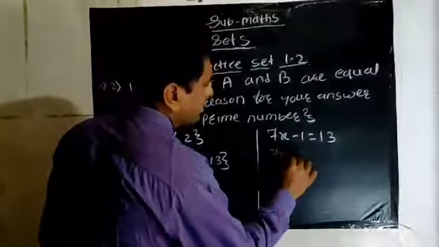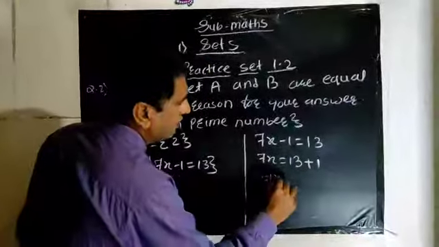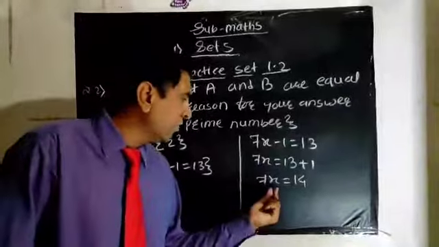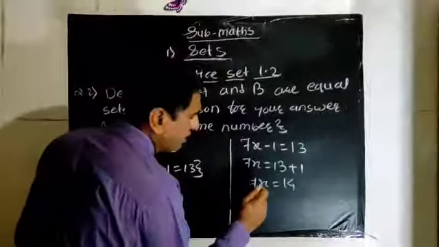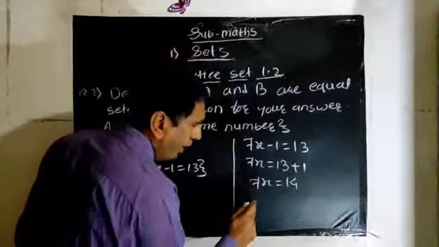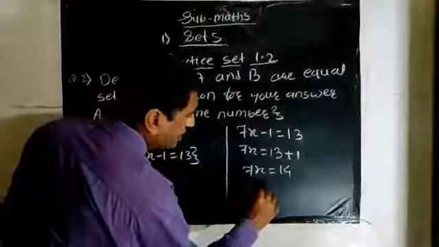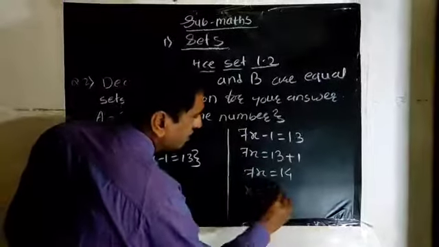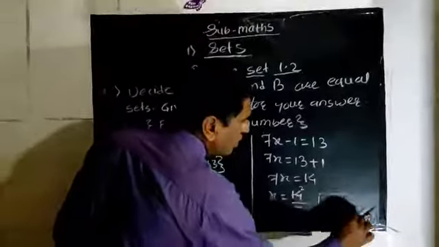When we transpose, it becomes plus: 13 plus 1. Then 7x is equal to 13 plus 1, 14. To find the value of x, again transposing this 7, the 7 is multiplied here. When we transpose it to the right hand side, it becomes divide. So x equals 14 upon 7, 7 ones are 7, 7 twos are 14. The value of x is equal to 2.